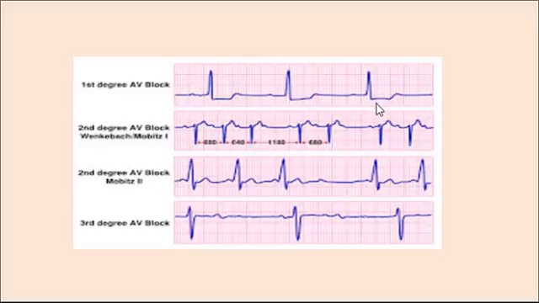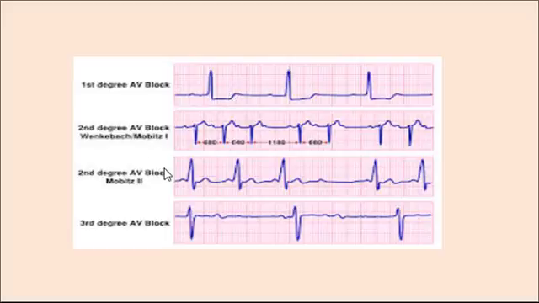So my heart rate is less than 60, so it's slow. Then I look at my PR, from the beginning of my P to my R wave, and it is greater than a whole block here. So it is greater than 0.20, but it's regular, it's consistent, it keeps pulsing along. So I have a sinus bradycardia with a first degree AV block.